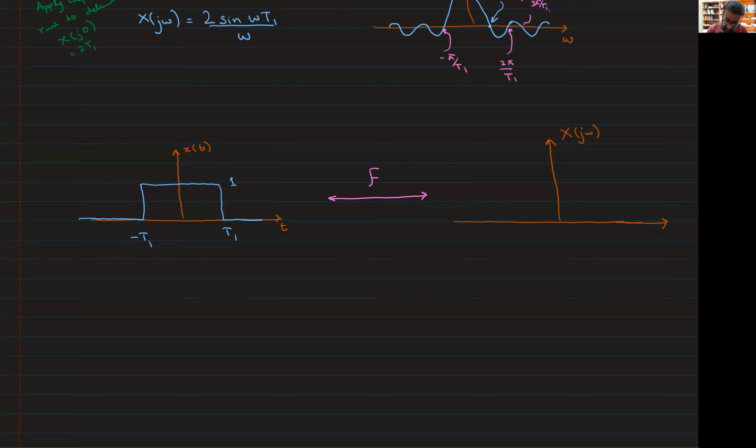What it looks like is a linearly decaying sinusoid, where the first crossing occurs at pi by t1, and over here this is minus pi by t1, so that the length of the main lobe is equal to 2 pi by t1.